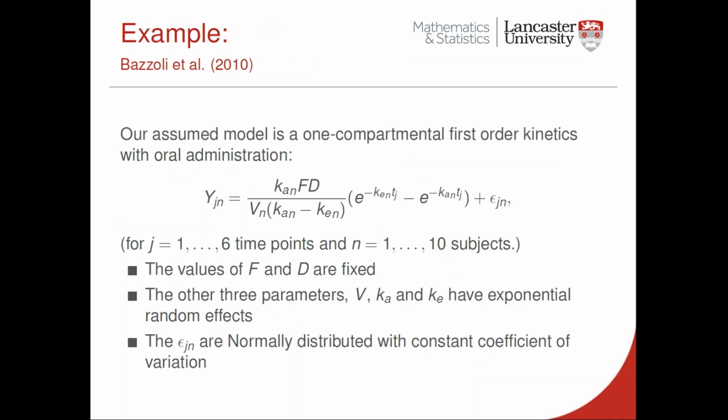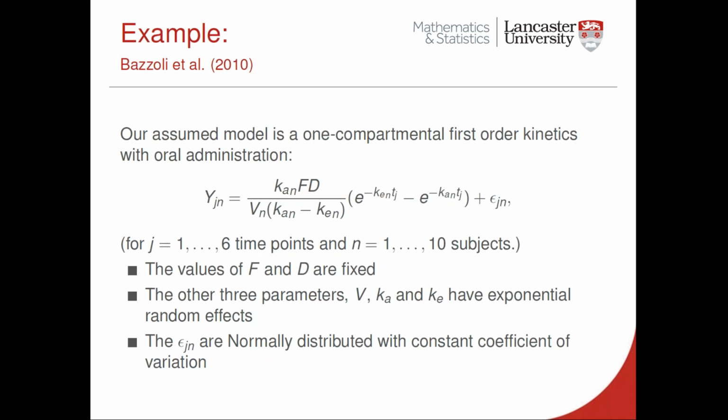So for illustration purposes, let's start off with our first assumption in our search for an optimal design. We're going to start by assuming a model, and we're going to assume that it does have a non-linear form. In particular, for the example that I'm going to use, we're going to assume a one-compartmental first-order kinetic model with oral administration, and you can see the non-linear form here.